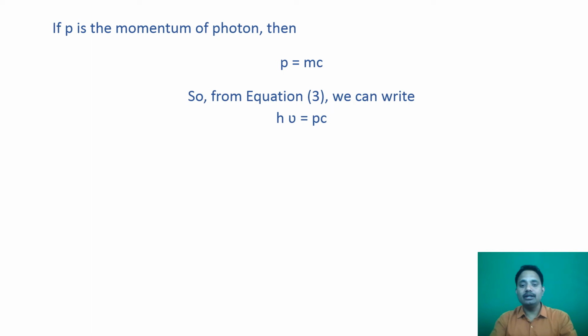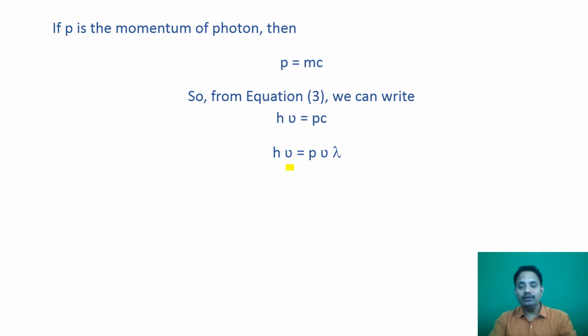By the general equation, velocity is equal to frequency into wavelength, so we can write this equation as h nu is equal to p into nu into lambda, where we put nu into lambda instead of c. If you observe this equation, on both sides there is nu.